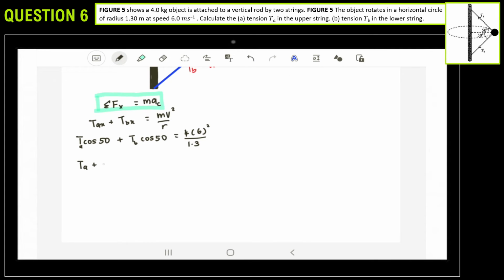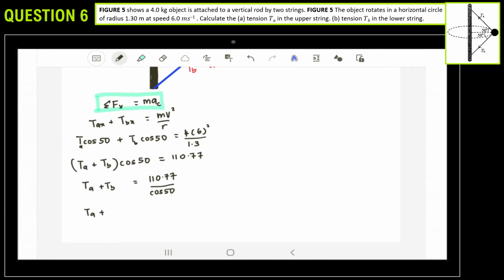We have TA plus TB times cos 50 is equal to 110.77. Therefore, TA plus TB is equal to 110.77 over cos 50.